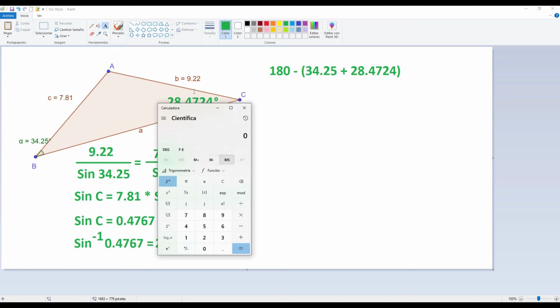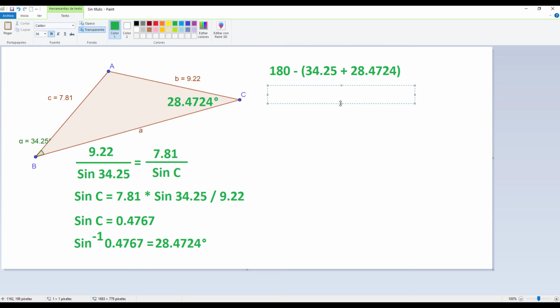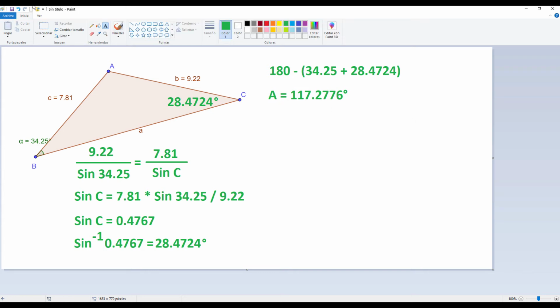So here 34.25 plus 20.47, 24. Okay. So the angle A is equal to 2 degrees. Yeah. So you have here the third angle.